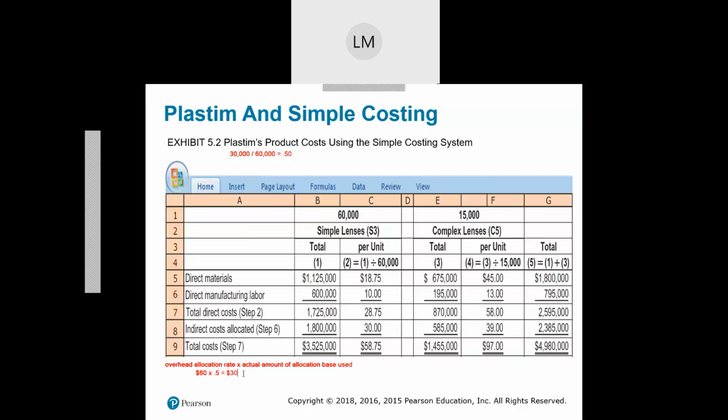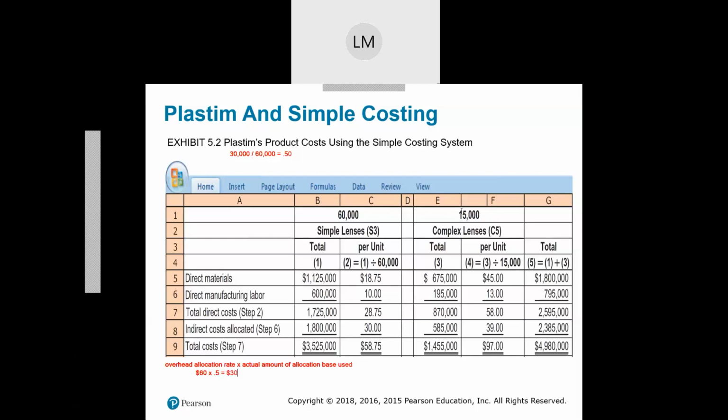If I wasn't paying attention, I might have just written $60 here. But we want to take into account how many direct labor hours it takes to make the simple lenses. It takes half an hour, so I'm only going to allocate half an hour of overhead. So that's my $30, and I've got a total cost of making the simple lenses of $58.75.